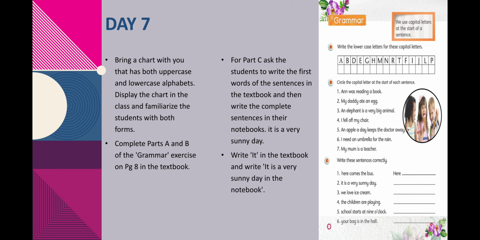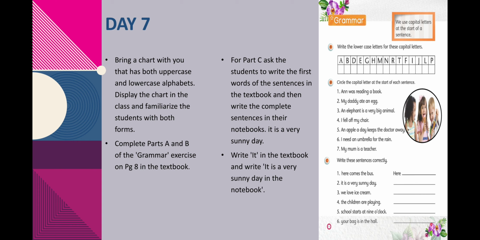For part C, ask the students to write the first word of the sentence in the textbook and then write the complete sentence in their notebooks. So, for example, the first sentence is, it's a very sunny day. So they should write it's in their book, and then it's a very sunny day in their notebook. What is the purpose?